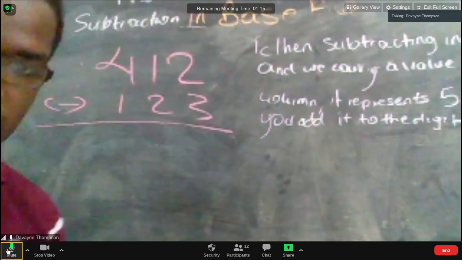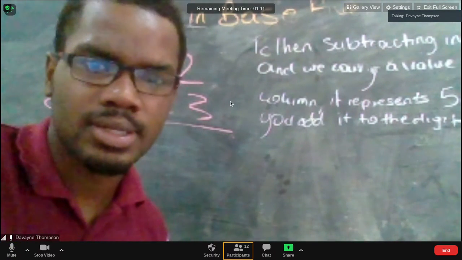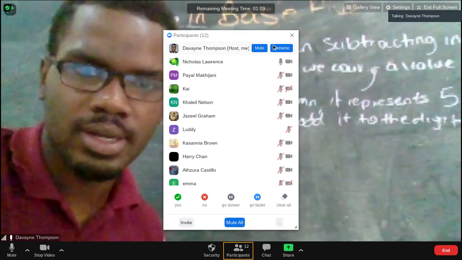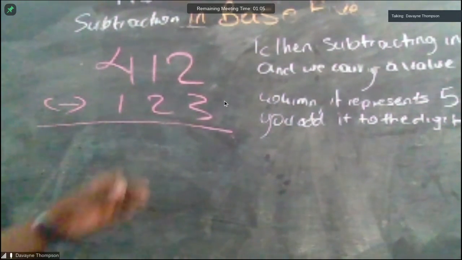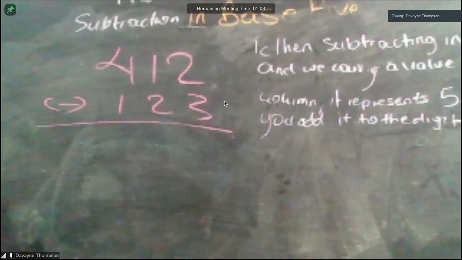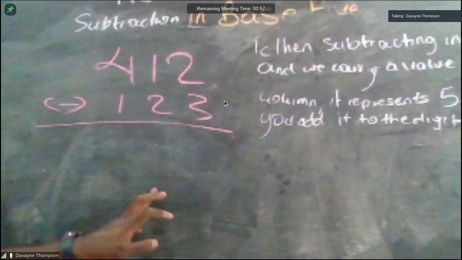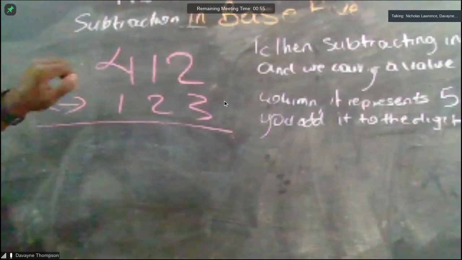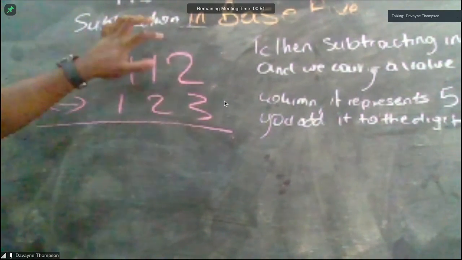The very first person that we're going to call on is, let's look who's here, Nicholas. Tell me the first thing we need to do. What's 2 minus 3? You can't, so what do you do? 2 minus 3 you can't. That's going to give you a negative answer. So where do you go to get that value to borrow from?